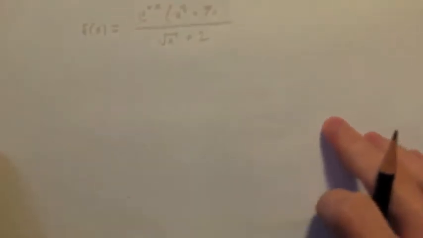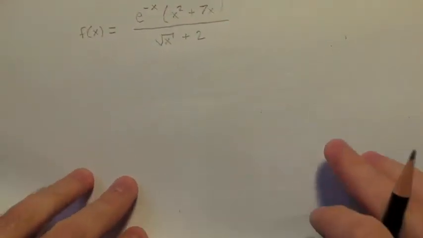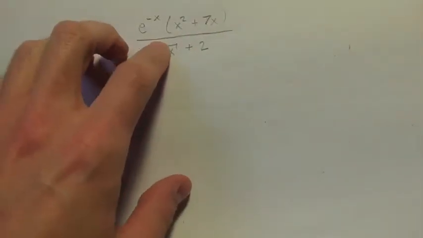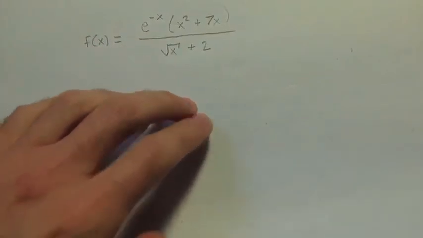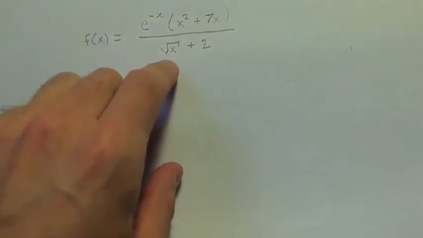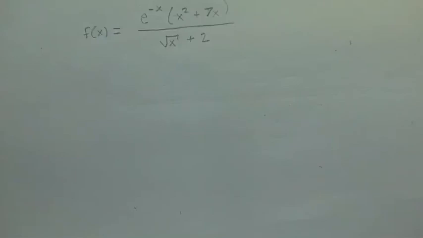Okay, so here's another example. Let's say I have e to the negative x times x squared plus 7x, all over square root of x plus 2.